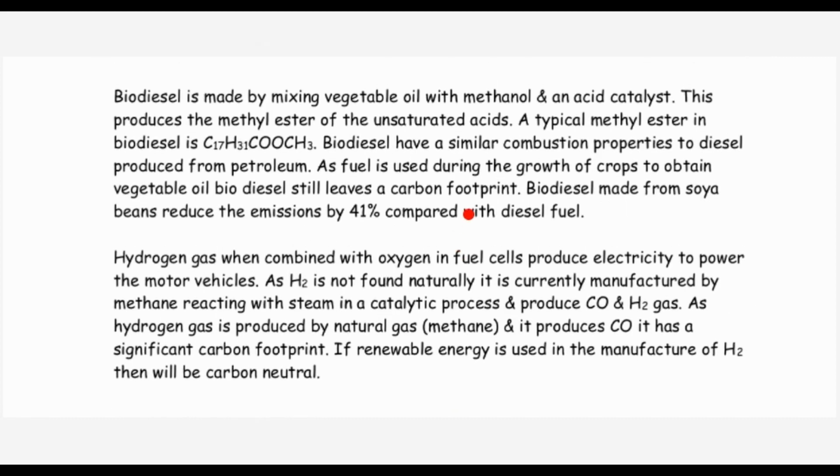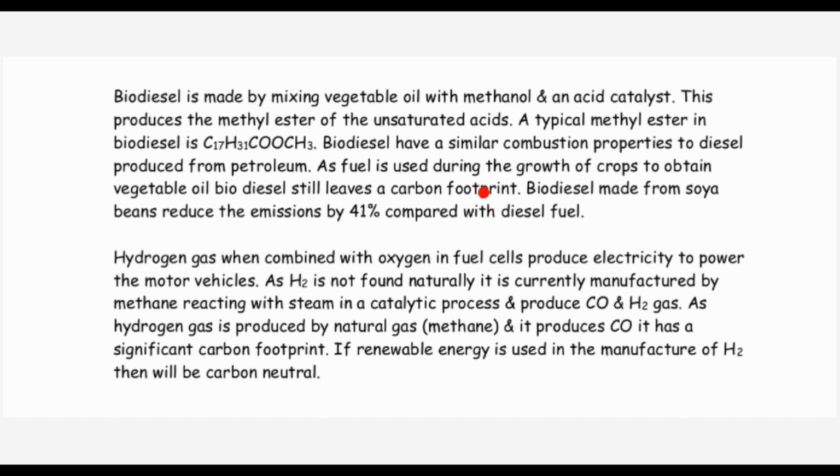So biodiesel is made by mixing vegetable oil with methanol and an acid catalyst. This produces the methyl ester of the unsaturated acids. A typical methyl ester in biodiesel is given here, which is the formula of the methyl ester. Biodiesel has similar combustion properties to diesel produced from petroleum.